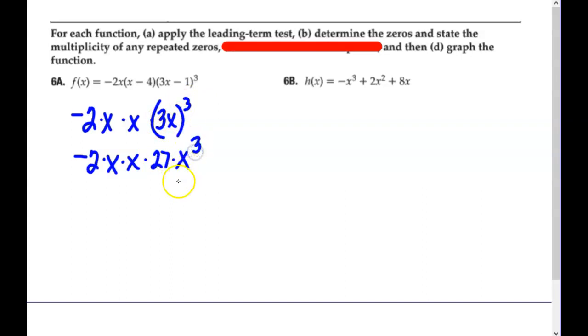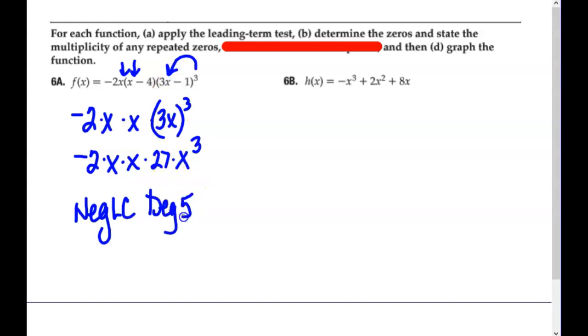And then an x cubed. I really only care that the leading term is negative, yes? -2 and 27 is like a -54, but it has a negative leading term. And what degree is it? If there was an x here, an x here, and an x cubed back here, that is degree 5.